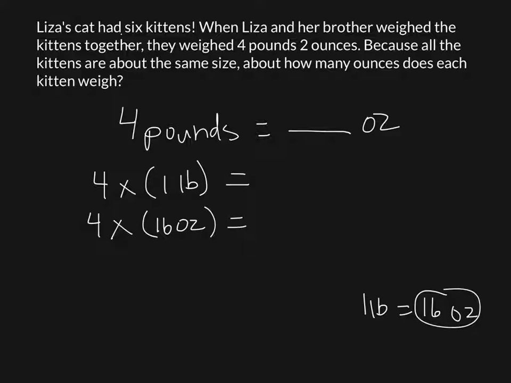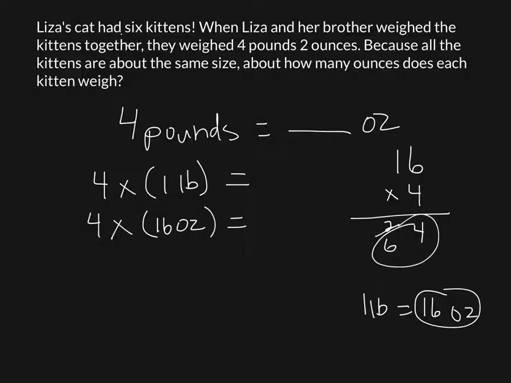So now for our last step, we have 4 times 16, and since it's a 2-digit number and it's not just a basic fact, I'm going to go ahead and find my answer over here. 4 times 6 is 24, and I'll have a 2 in the tens place that I'm going to hold on to, and 4 times 10 is 40, plus that 2 tens will make a total of 6 tens, so my answer is 64.